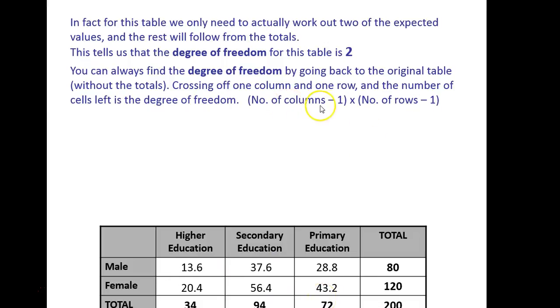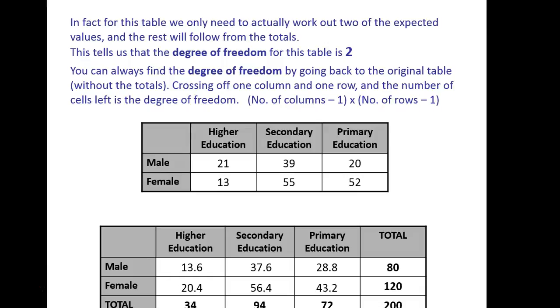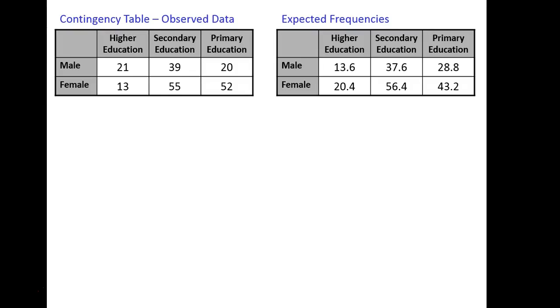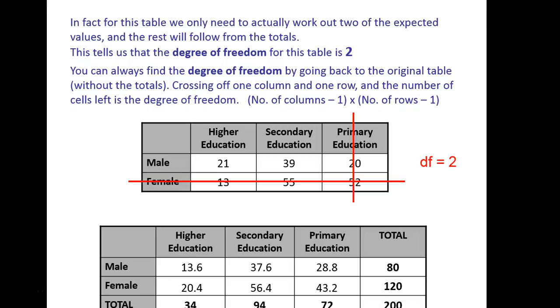So this is going to be 3 minus 1 times the number of rows minus 1. So I have 2 rows. So 2 minus 1 is 1. And if I just multiply this answer times this answer, I get the degrees of freedom. And so that's what you're seeing right here. It's the number of rows minus 1 times the number of columns minus 1. And that gives you the degrees of freedom. But this is the little algebraic formula that's used to get that. But like I said, we're going to pretty much get this from our calculator anyway.